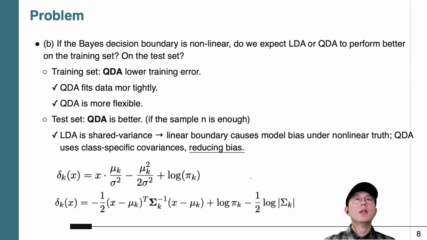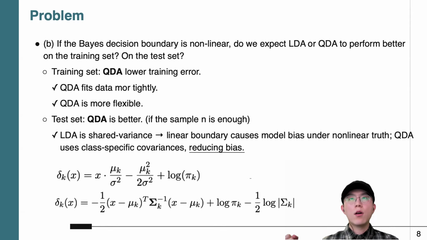Problem B. If the Bayesian boundary is non-linear, on the train set, QDA, as I said before, is more flexible because it has more parameters.